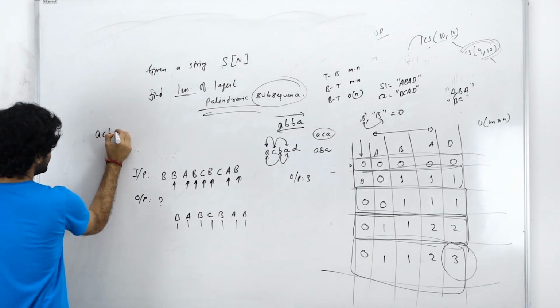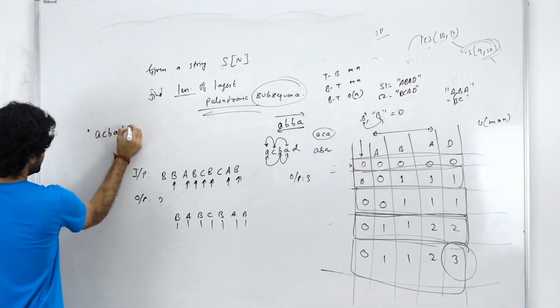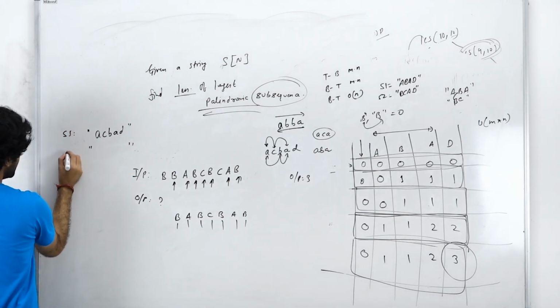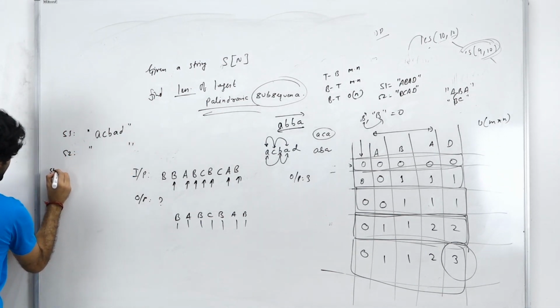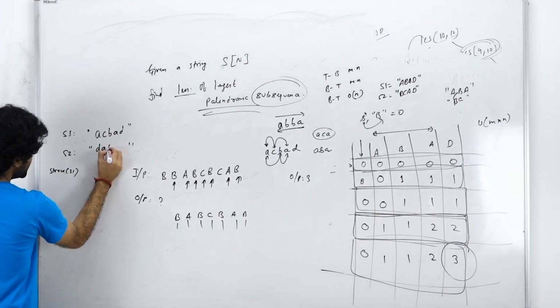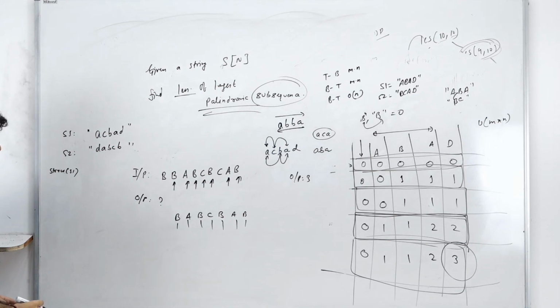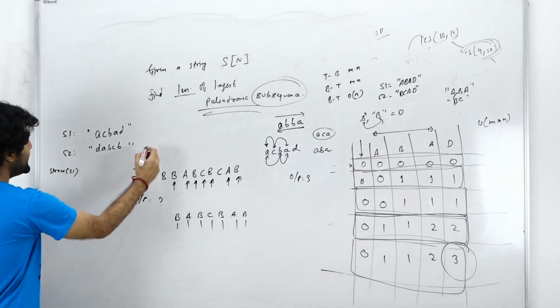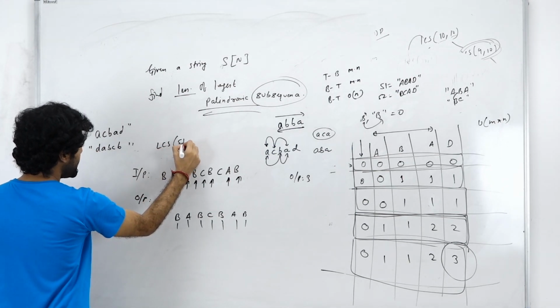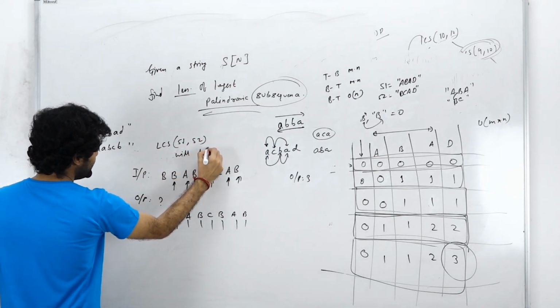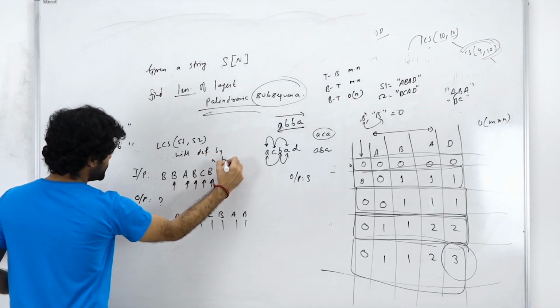A, C, B, A, D. If I reverse it and put that in a different string, so let's say I create string S2 which is nothing but reverse of S1. I can create that, okay, that will be D, A, B, C, A. Then whatever will be the longest common subsequence of S1 and S2, that will definitely be a palindrome.